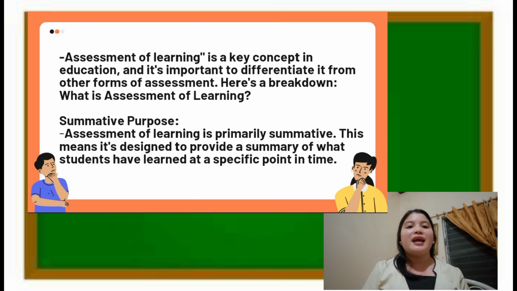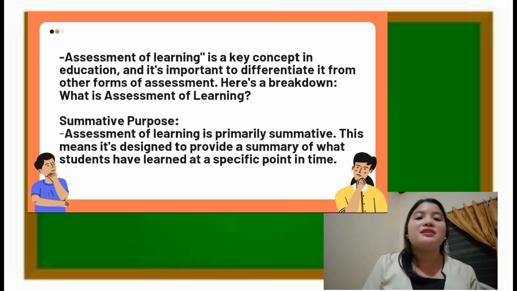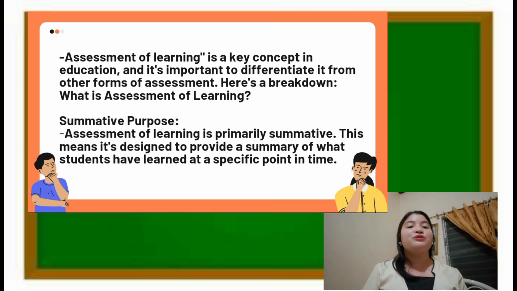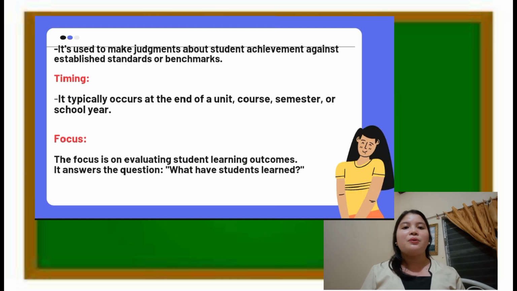Assessment of learning is primarily summative. This means it's designed to provide a summary of what students have learned at a specific point in time.